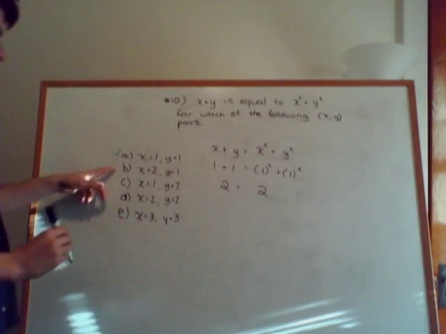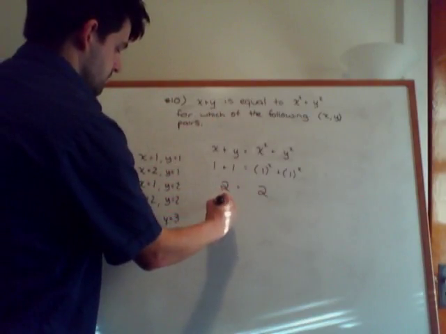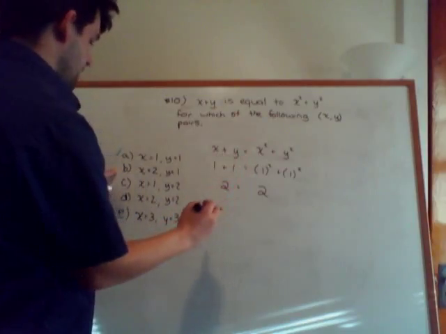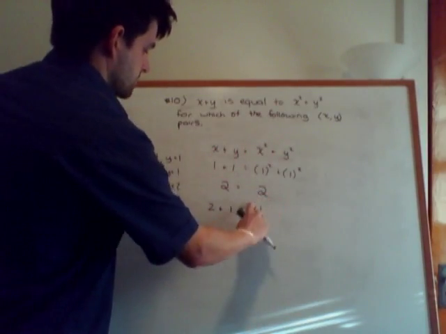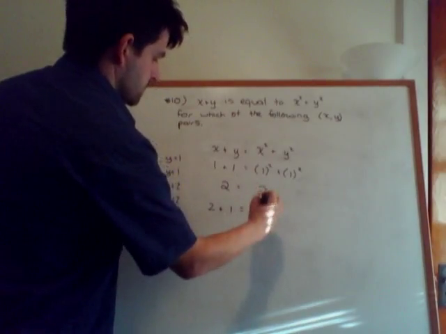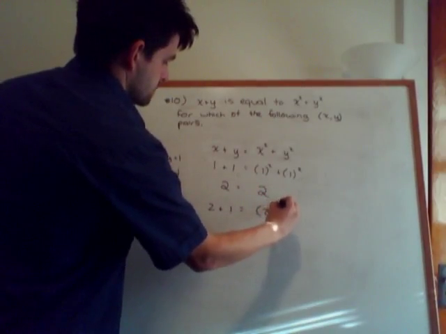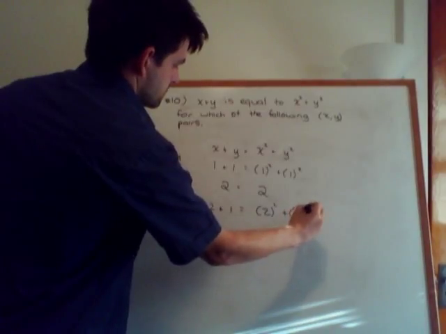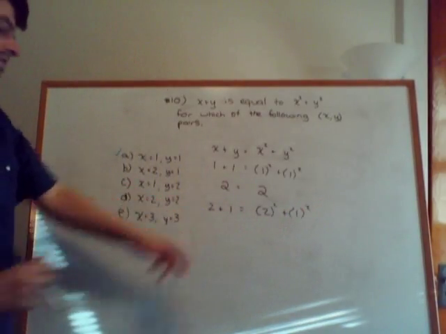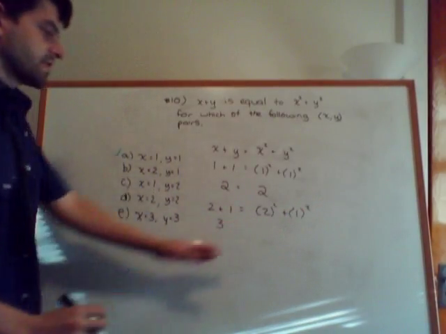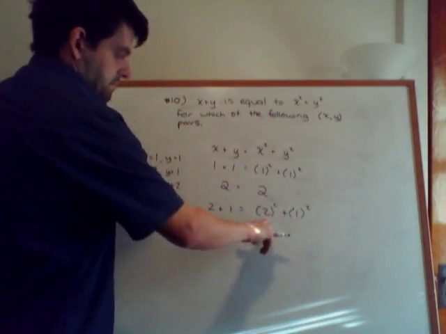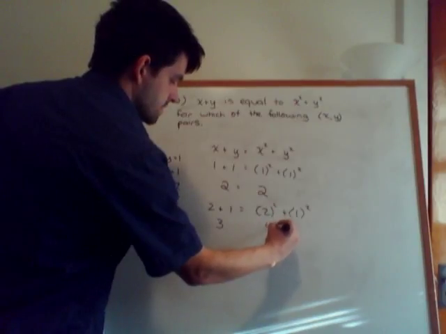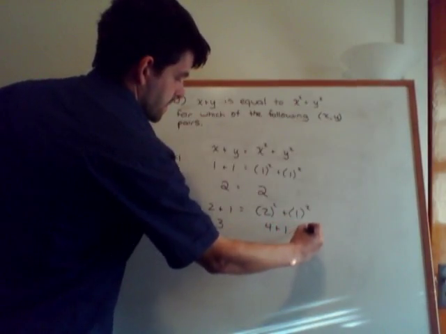Alright, so if x equals 2 and y equals 1, you'll get 3 on this side, but you'll get 5 on this side. 2 squared is 4, 1 squared is 1, and that's 5.